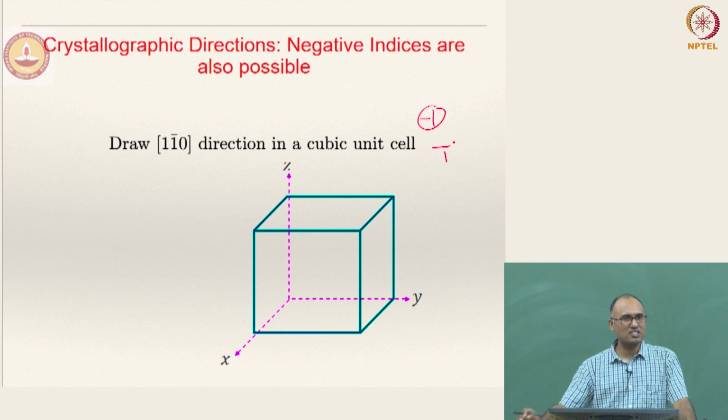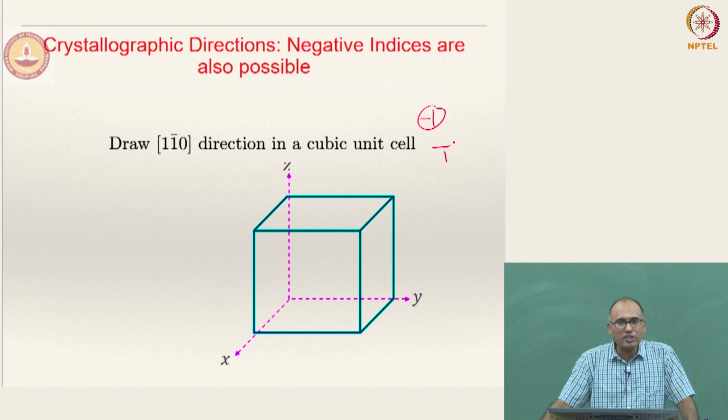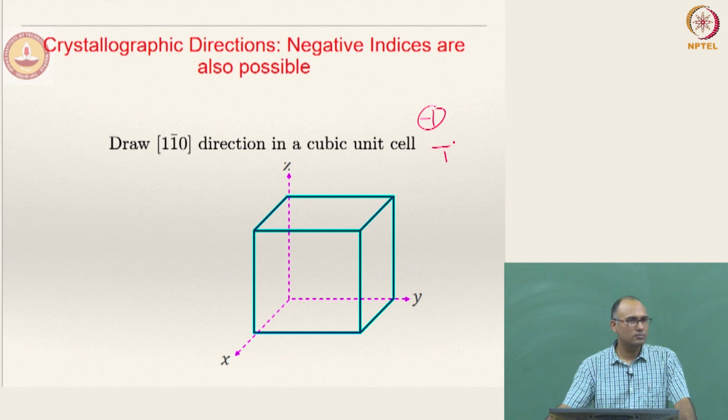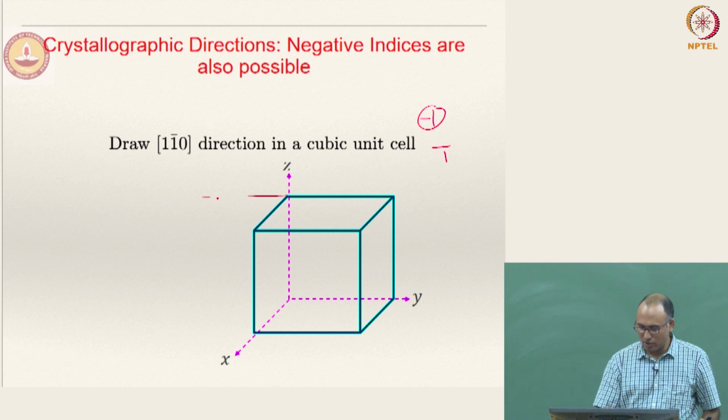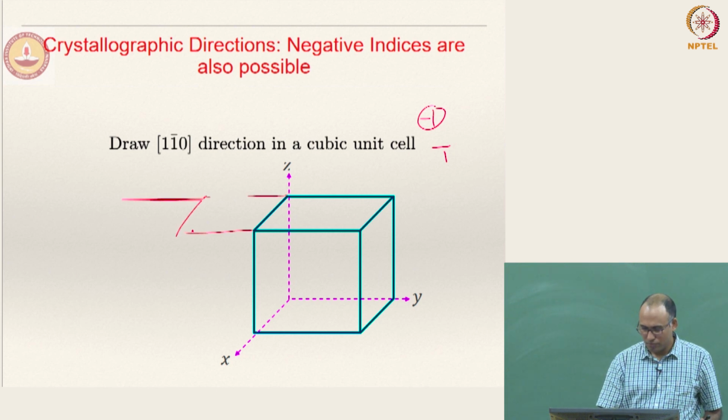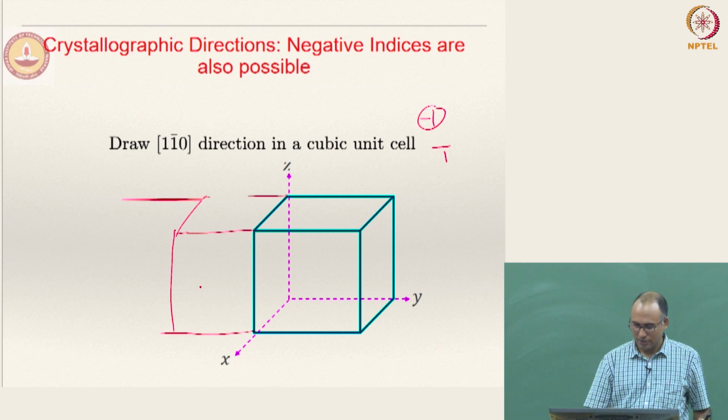So let us say this is your unit cell, and now you need to draw this particular direction. So how will you do? This is your XYZ. What will you do? You can actually move this axis this way, right? So this can be considered, you can actually draw something like that, right? And then that will be your new axis.